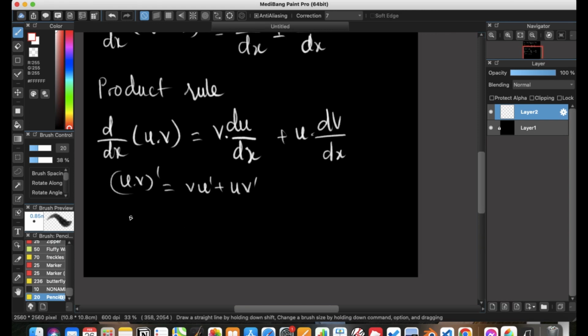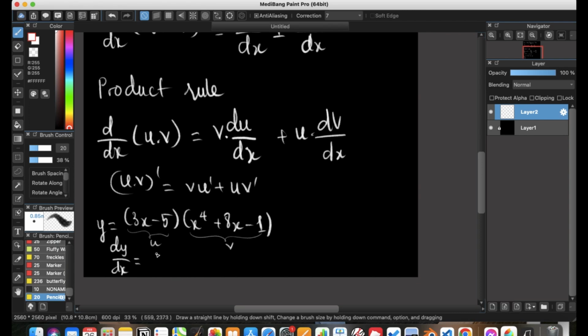So let's take an example. If y equal to 3x minus 5 times x to the power of 4 plus 8x minus 1, so dy over dx is going to be, so first let's call this part u and this part v, and you're going to have this, right? And 3x minus 5 times 4x to the power of 3, right?